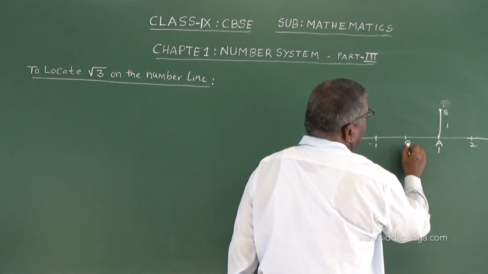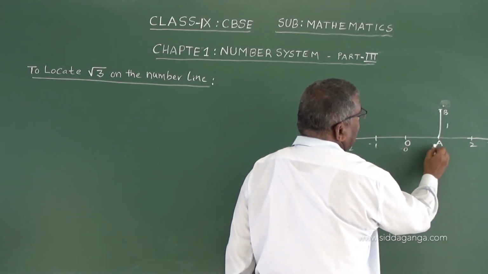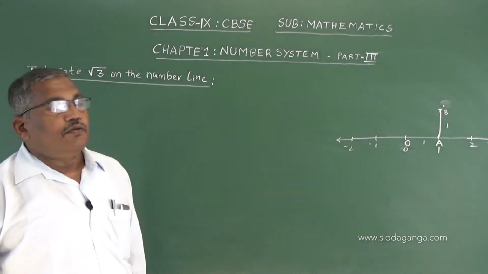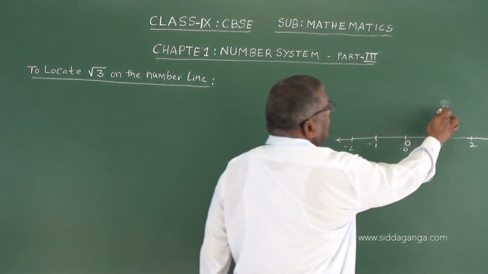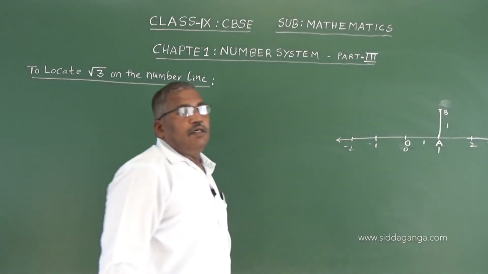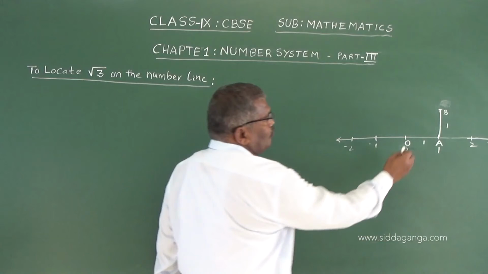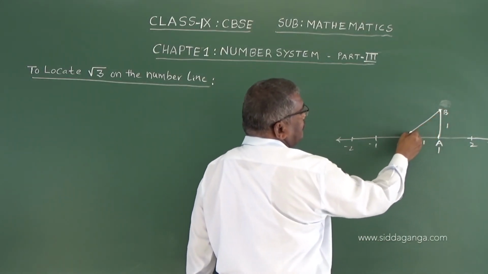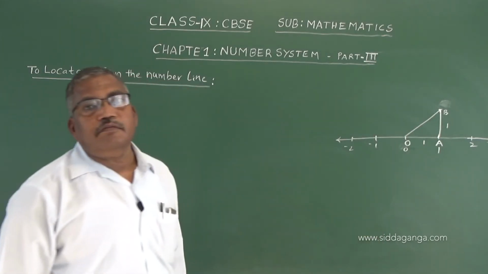You know that it is 0, this is 1, therefore OA is also 1 unit. So this we have learnt yesterday while marking root 2. So same procedure, of course, join OB.